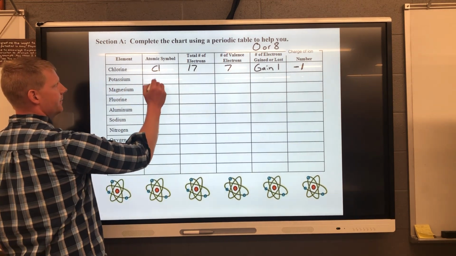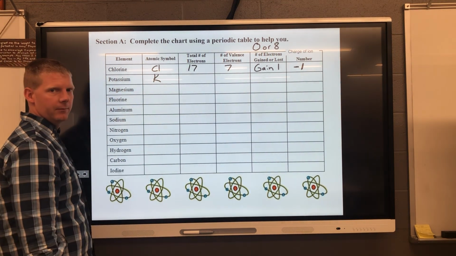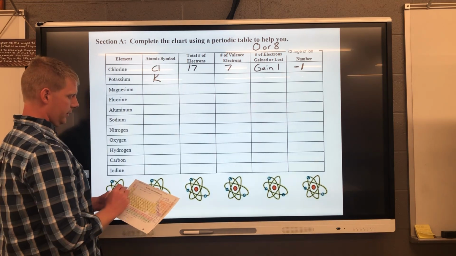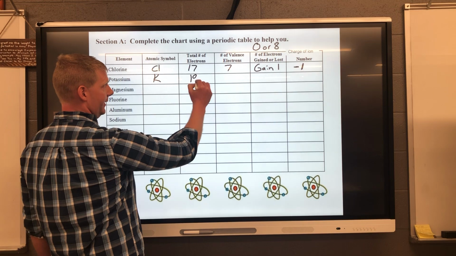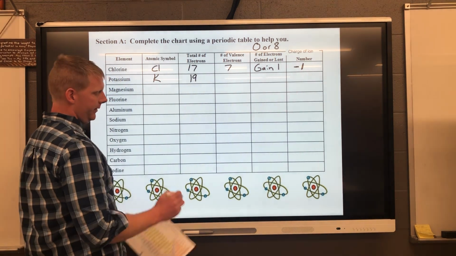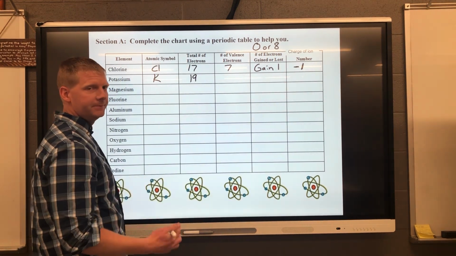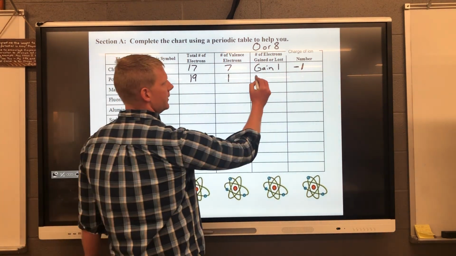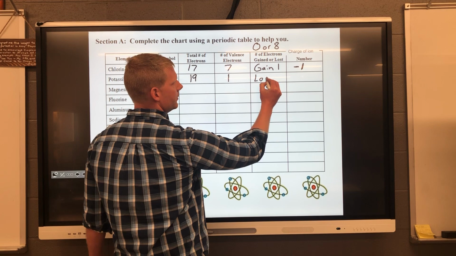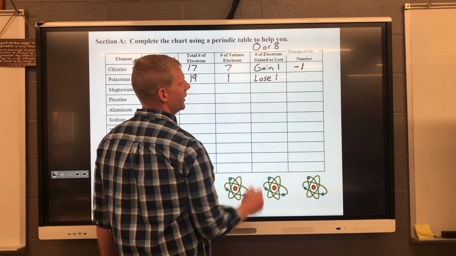All right, potassium. Find it on your periodic table, K. So you should get it as atomic number 19, so it's going to start with 19 electrons. Valence electrons, what group is it in? It's in group 1, so it's going to have 1 valence electron, so it's going to lose 1 electron.